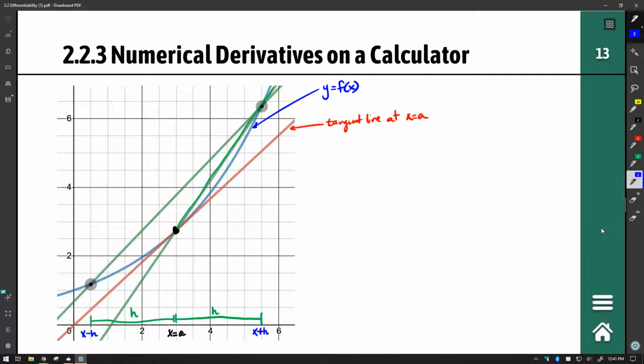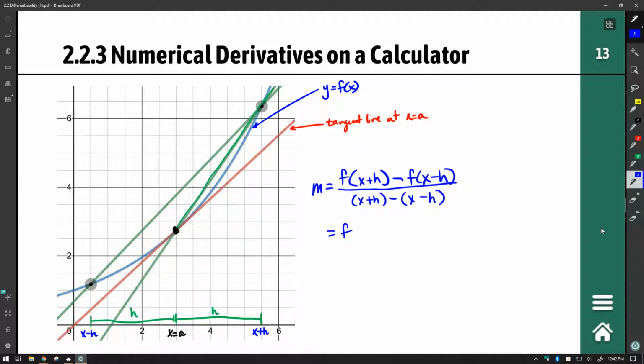So the slope between those two points would be f of x plus h minus f of x minus h, so there's the y value minus the y value, over the x value of the point to the right, which is x plus h, minus the x value of the point on the left, which is x minus h.